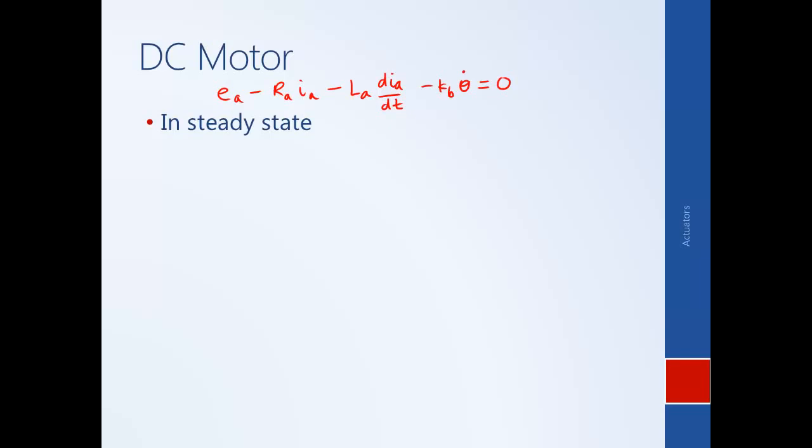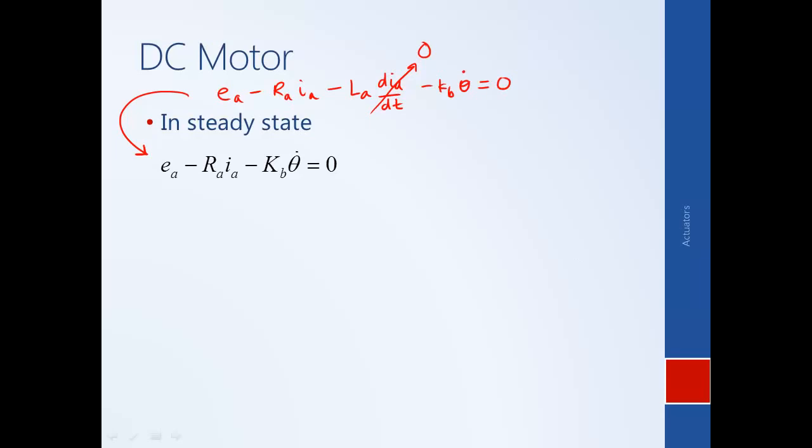So once it reaches that steady state speed, how does this equation change? Well, since the current isn't changing anymore, the current through the circuit is constant, its time derivative is 0. And so this differential equation becomes the following.